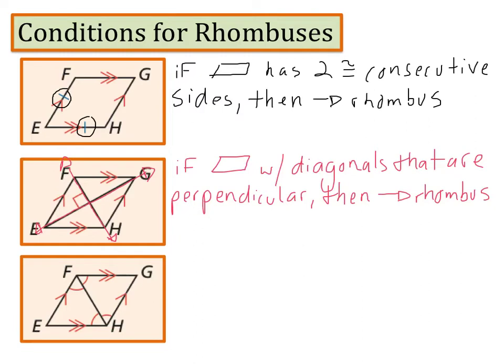Okay, our last diagram here tells us that if one diagonal of a parallelogram bisects a pair of opposite sides, then that parallelogram is a rhombus.